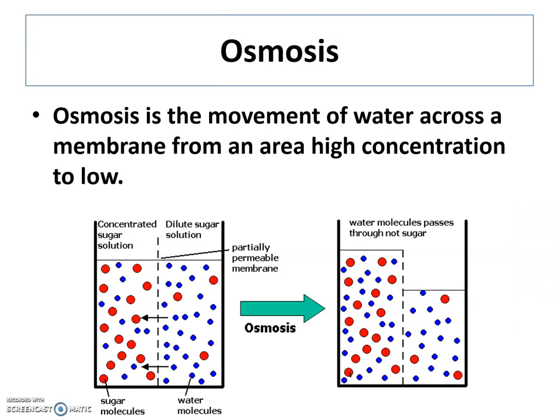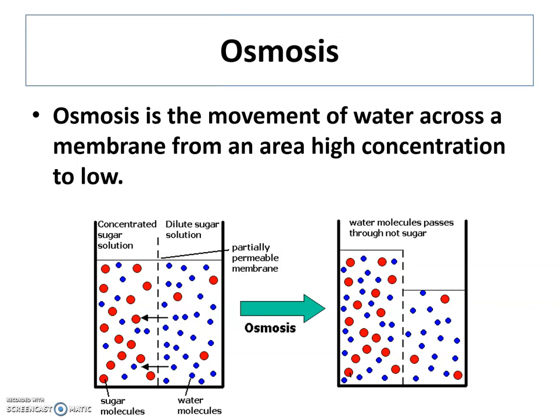So osmosis is the movement specifically of water still from high concentration to low concentration, and it's through a membrane. So this now goes back to that grape example that I showed you to begin our presentation. The reason why the grape that's put in salt water shrivels is because the water from inside of that grape is actually being sucked out by the salt because it wants to balance out.